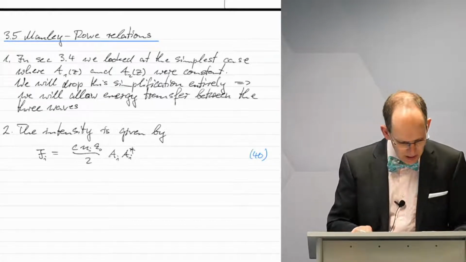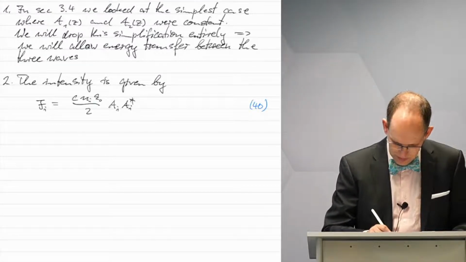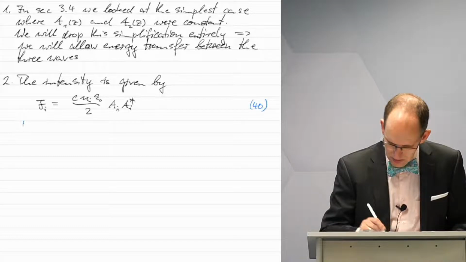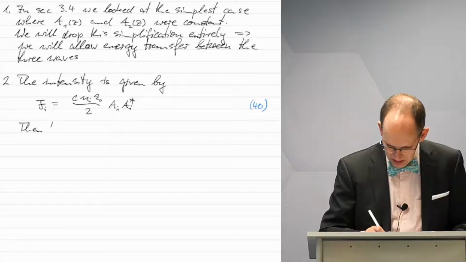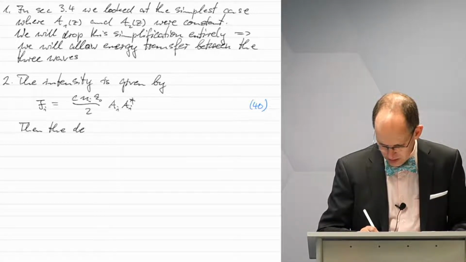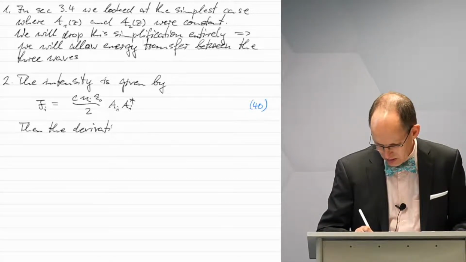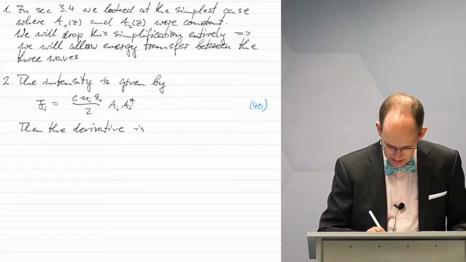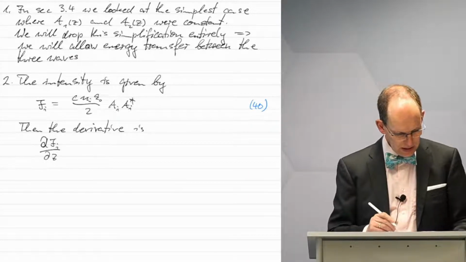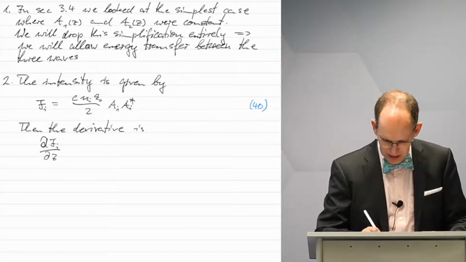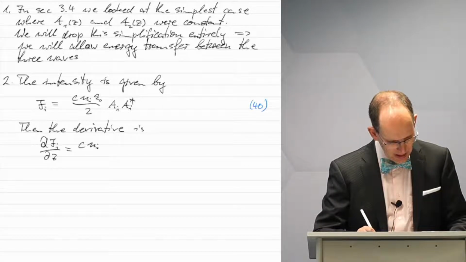Okay, now we calculate also the derivative. So the derivative is, well, the change of the intensity with respect to propagation distance, and we have c times n_i times epsilon 0 still.